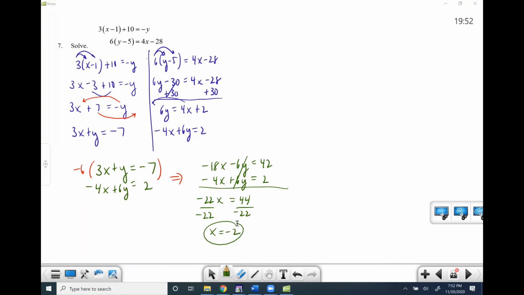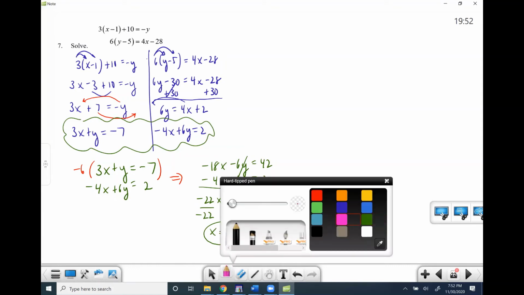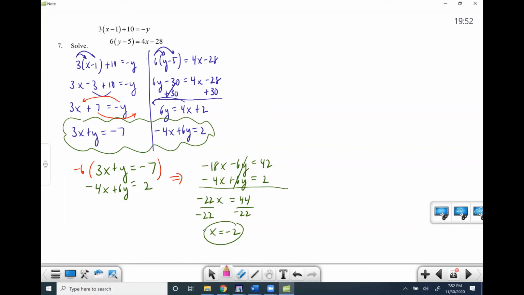And again, you don't want to go back to the beginning because those were kind of gnarly. Remember right here, we worked to get them down to looking a little bit more simple than they did up at the top. So which one of those do I want to plug it into? Do you guys have a preference, the first one or the second one? Yep, that's the one I was thinking too, because y is already by itself, and y is what we're looking for.